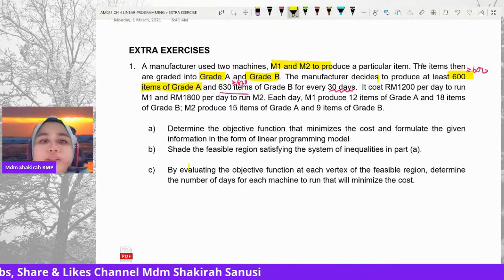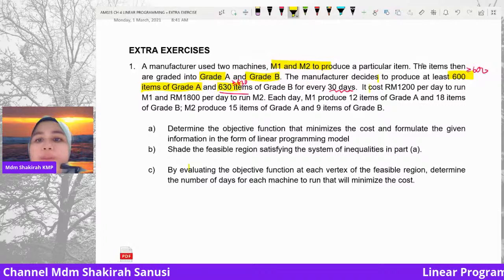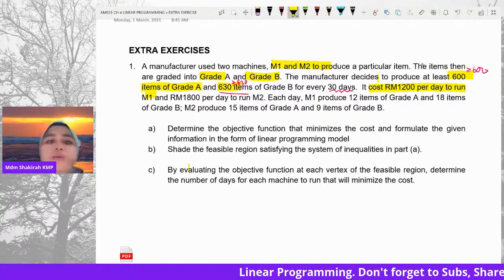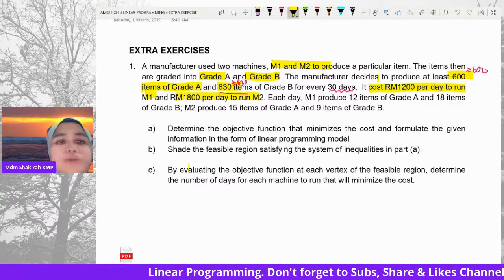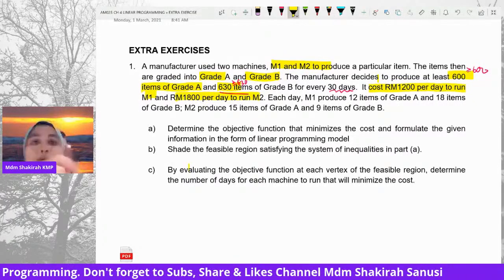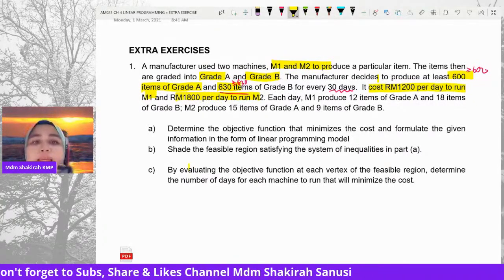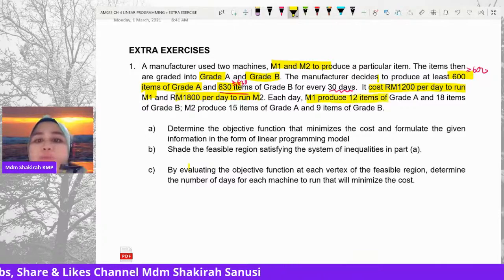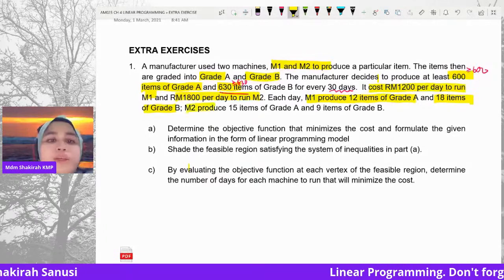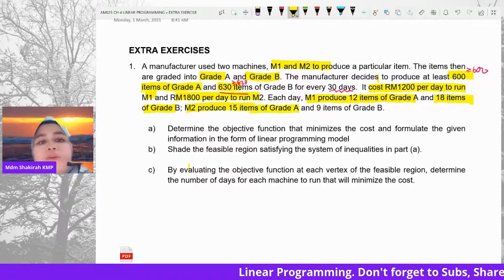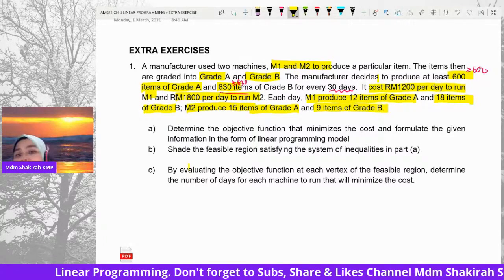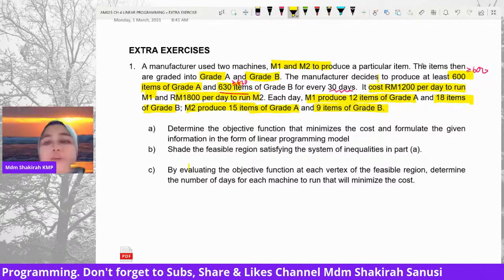Okay, kita baca lagi. It costs 1,200 per day to run M1 and 1,800 per day to run M2. Harga kos untuk setiap hari. Okay. Each day, M1 produce 12 items of grade A and 18 items of grade B. M2 produce 15 items of grade A and 9 items of grade B. Okay, so what will be kita punya objective function?